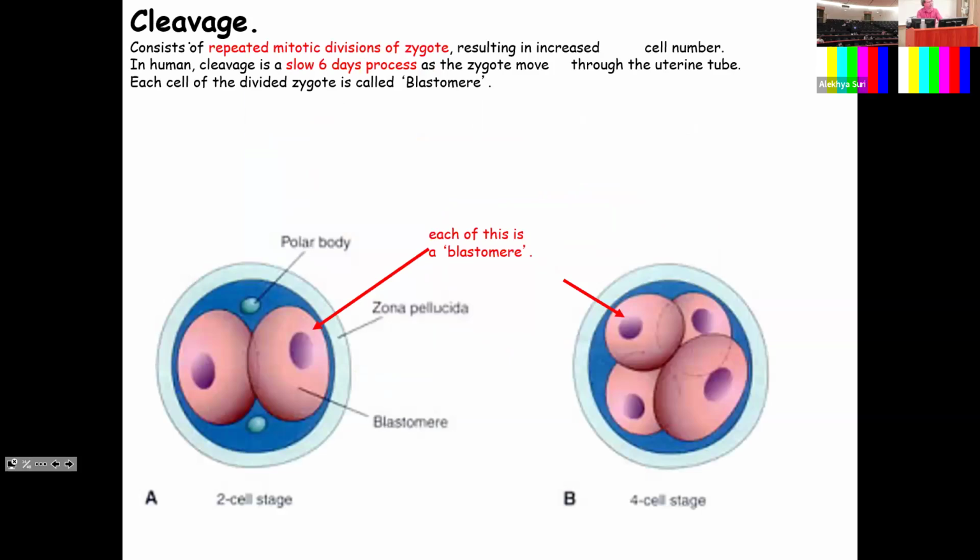Okay, so everything is synchronized and plays a role. Cleavage consists of repeated mitotic divisions of the zygote, resulting in increased cell number. In humans, cleavage is a slow 6-day process as the zygote moves through the uterine tube. Each cell of a divided zygote is called a blastomere.